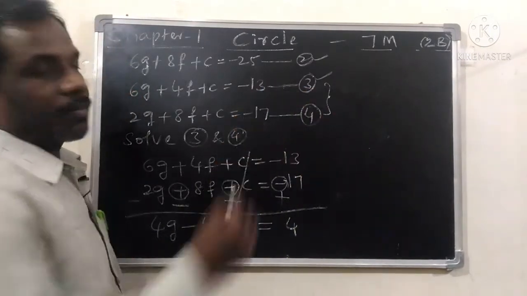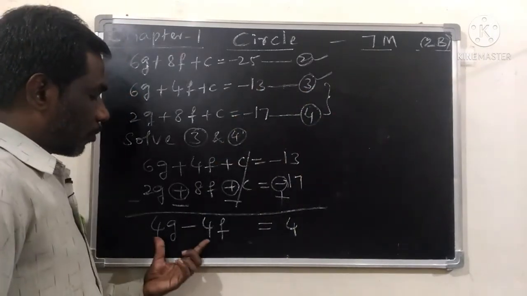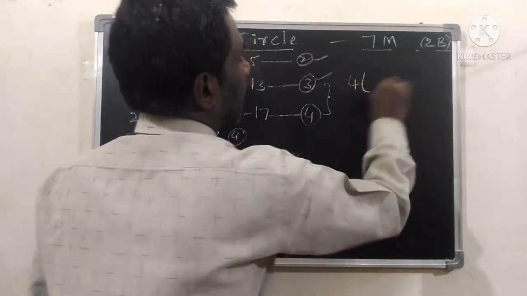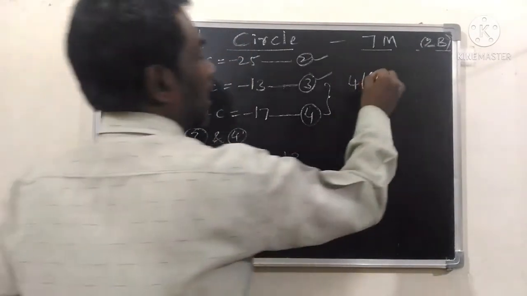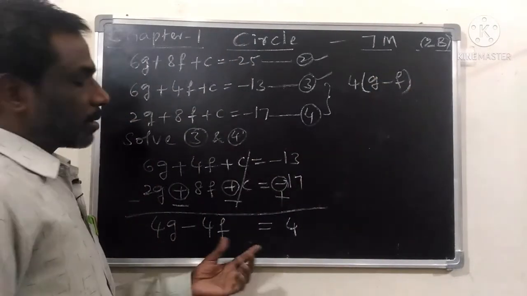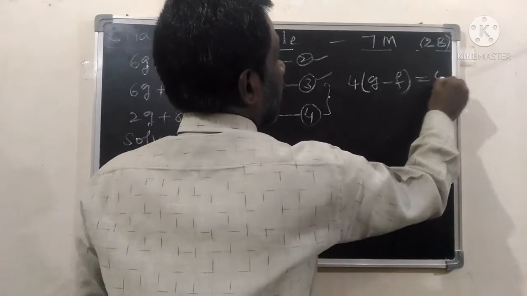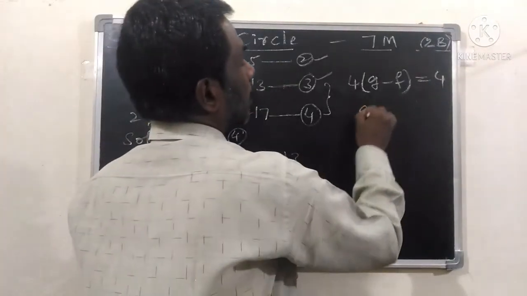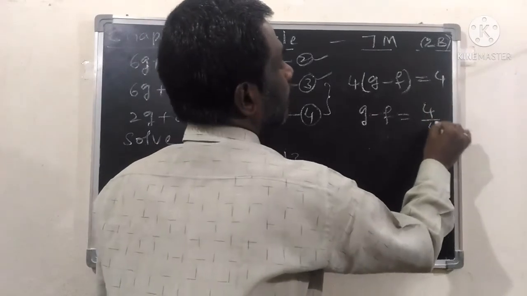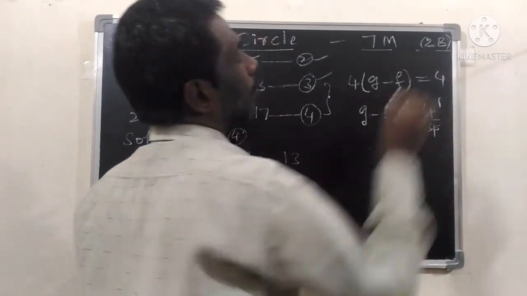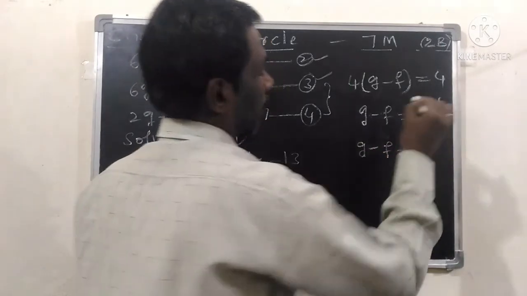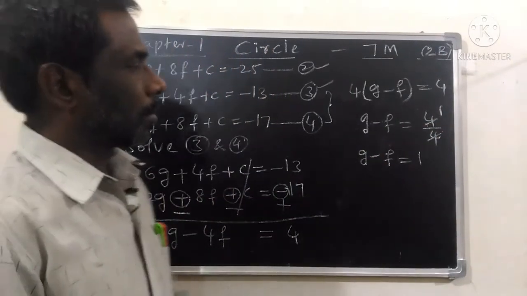We can take 4 common from these two. If 4 is common, then g minus f will remain inside, equals 4. G minus f equals 4 by 4, which cancels one time. G minus f equals 1.